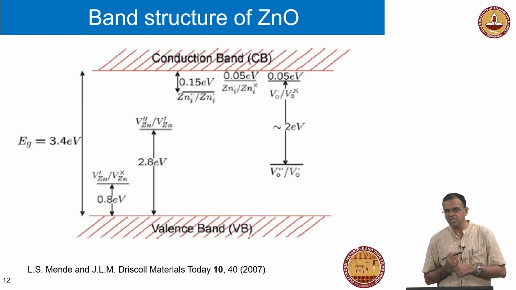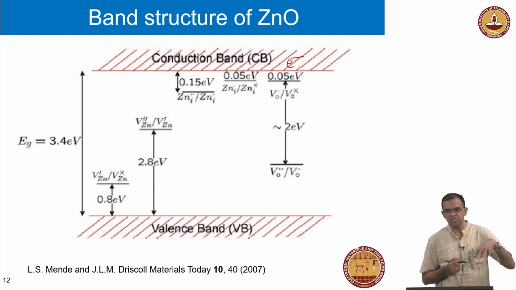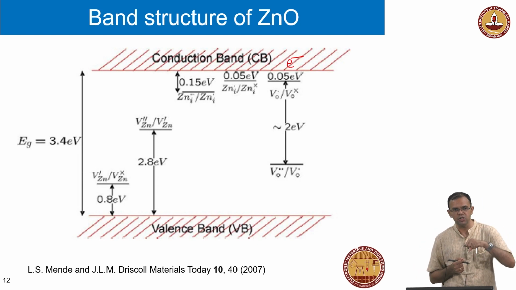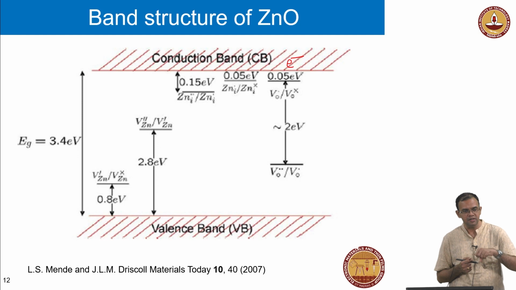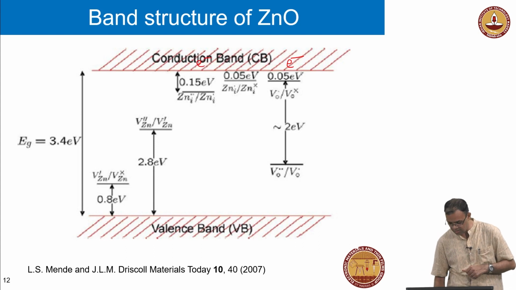To maintain charge neutrality, I will then have excess electrons in the conduction band. In the same way, if I have a zinc interstitial, I am introducing some positive charge. To maintain the neutrality, I can again have some electrons in the conduction band.